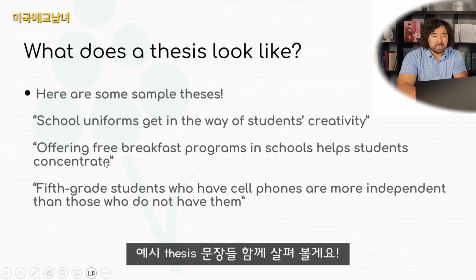Based on this thesis, we know that the paper is going to be about 5th graders who have cell phones and 5th graders who do not, and which of these two groups would be better off, basically.